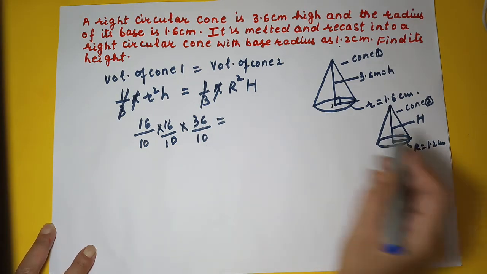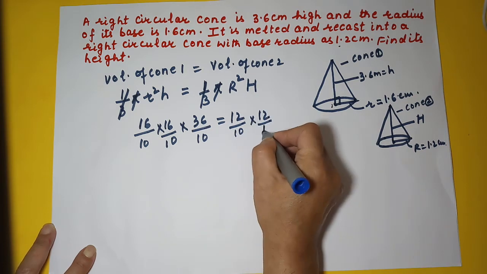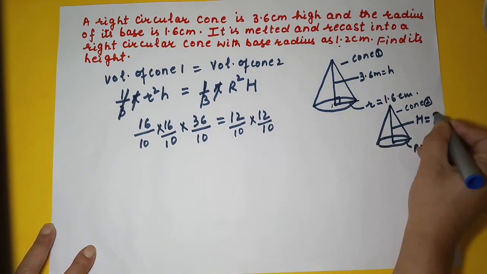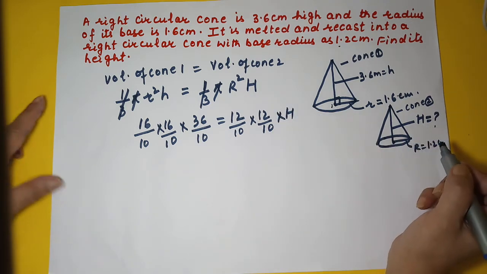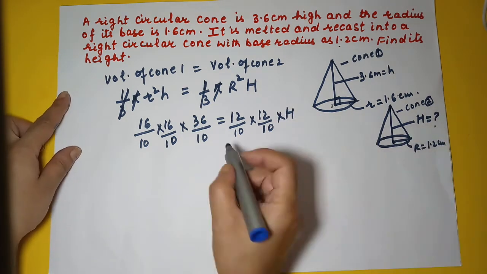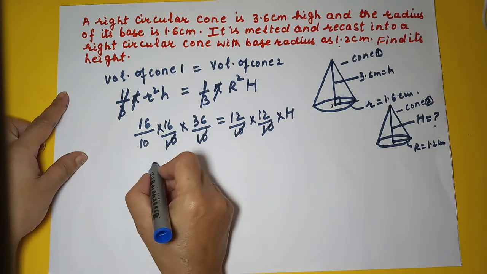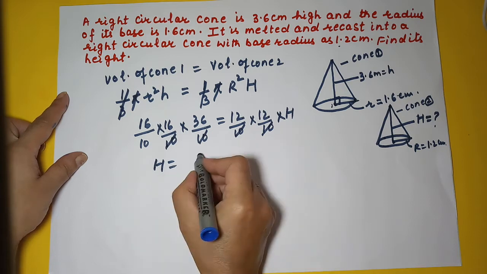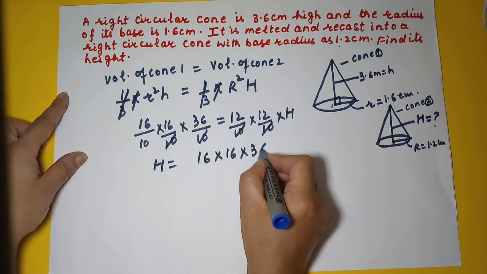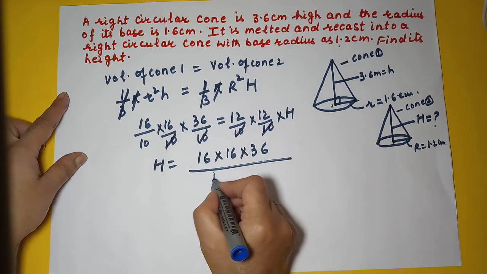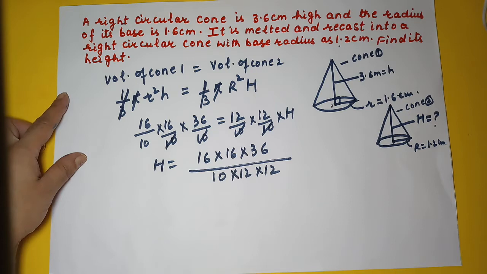Here R is 12 upon 10 into 12 upon 10, and this height we have to calculate, the height of the new cone formed, right? So now this and this will cancel. We are left with h equal to 16 into 16 into 36 divided by 10 into these two 12s in the denominator.